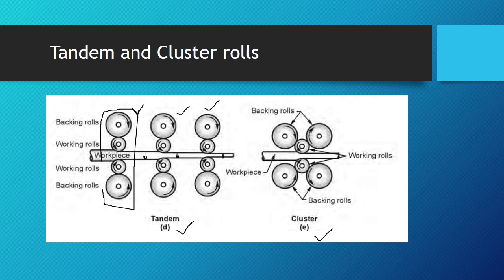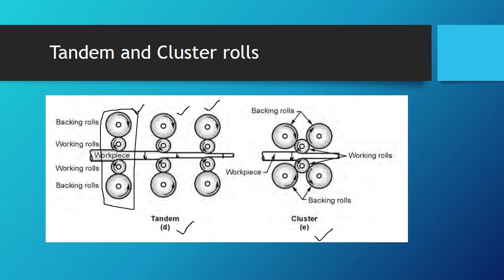What is a cluster roll? A cluster roll has a little bit of a different purpose. For example, you are rolling a very thin sheet. This sheet is very thin, so it requires small rollers for its processing. But these small rollers, as I said earlier, cannot provide much pressure.